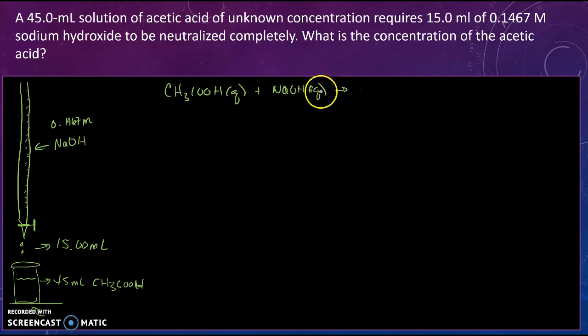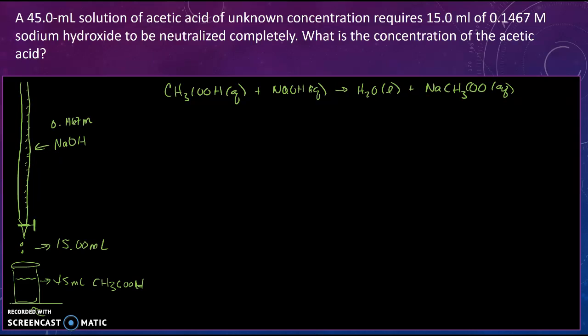It's going to form water, and it's going to form aqueous sodium acetate. Because this has a sodium ion and also an acetate, it's going to be soluble. So there's not going to be solid forming from this.